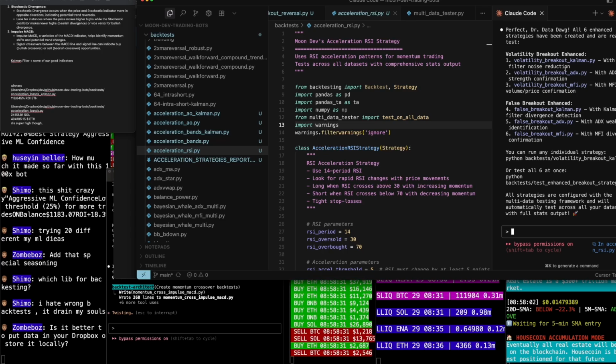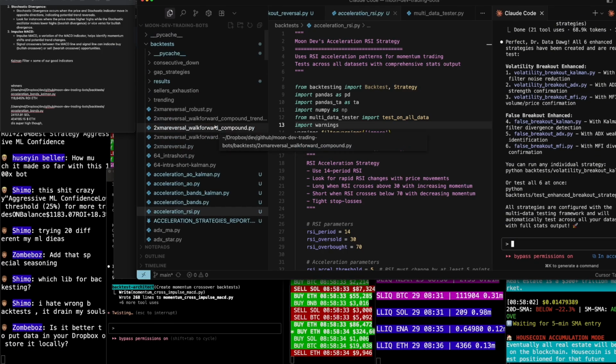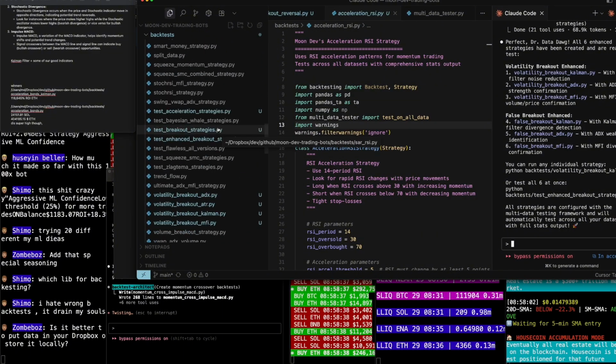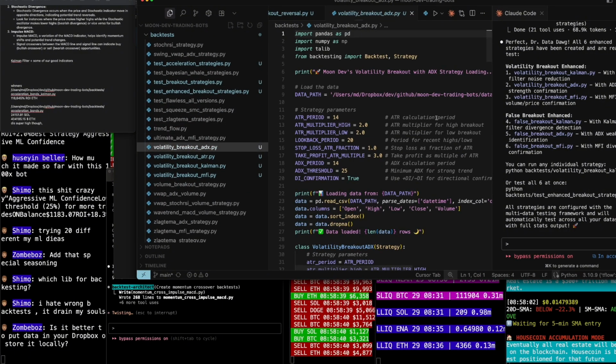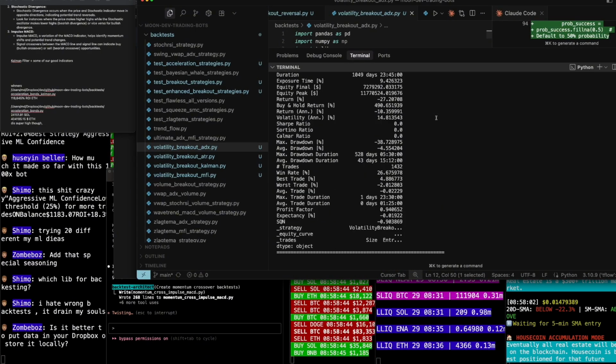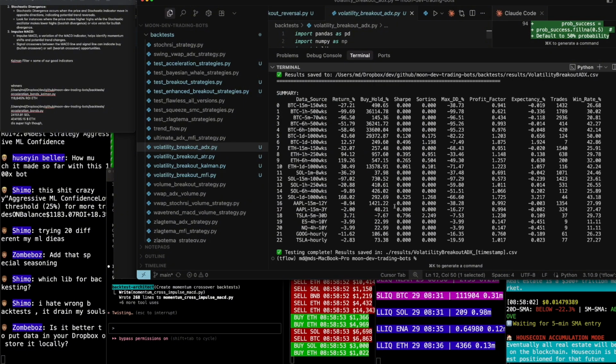Okay, volatility breakout. Let's try these volatility breakouts here. Volatility breakout 80x. 1.9 expectancy, nice. 1 expectancy, nice. 3 expectancy, nice. SOL, this is decent. 3.2 expectancy.